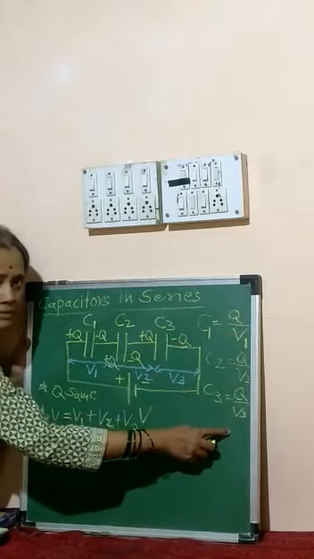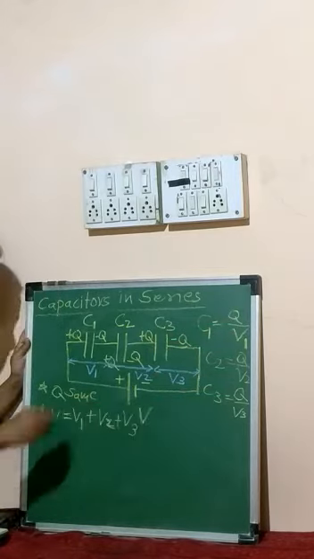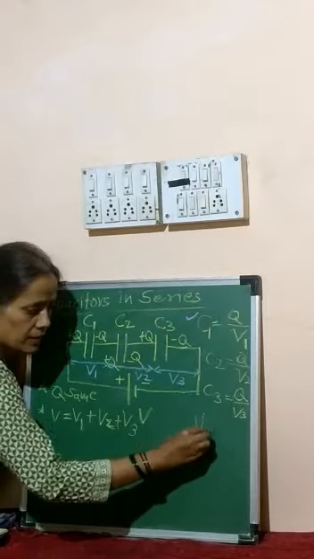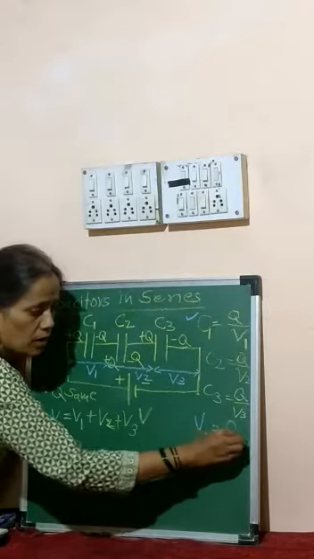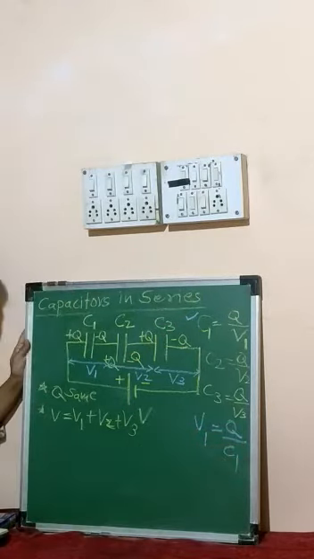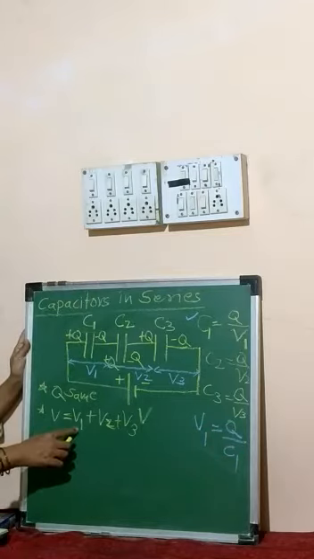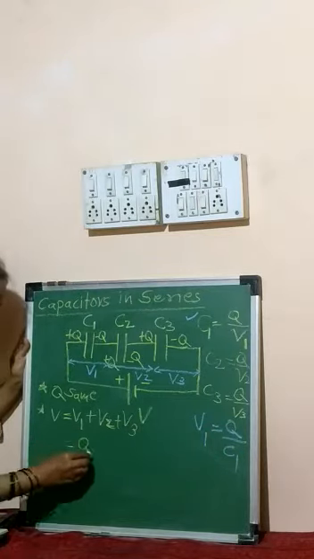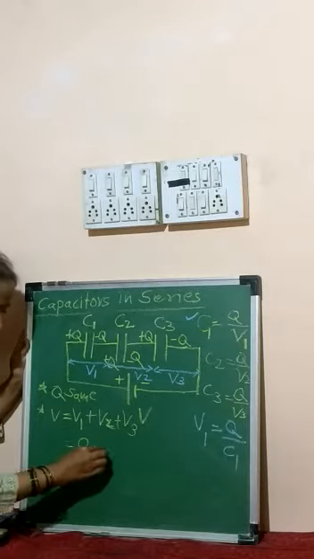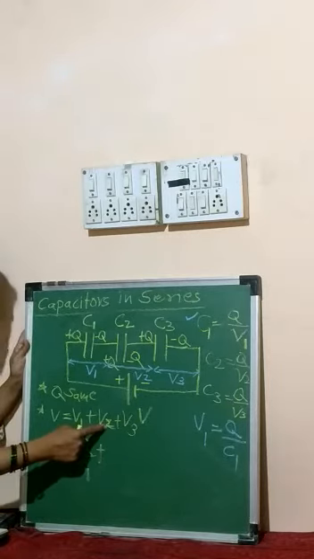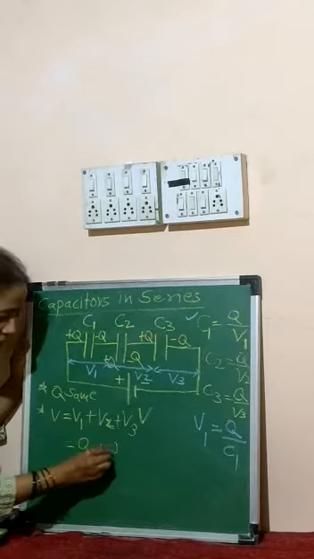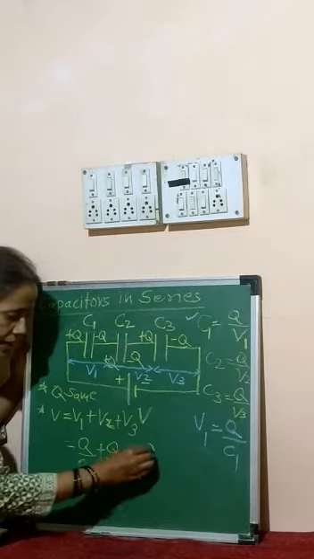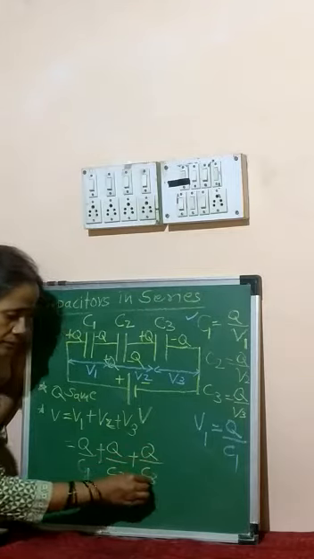From the first formula, V1 is equal to Q upon C1, so instead of V1 I can write Q upon C1. Similarly, for V2 I get Q upon C2, and for V3 I get Q upon C3.